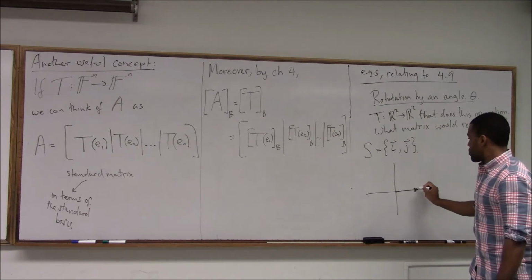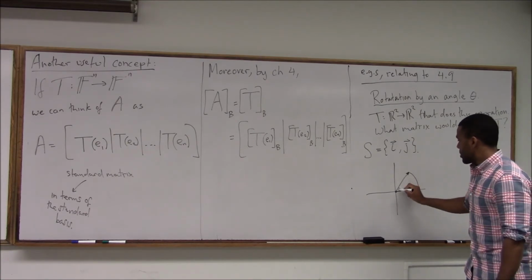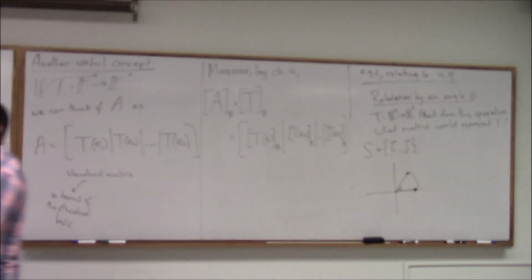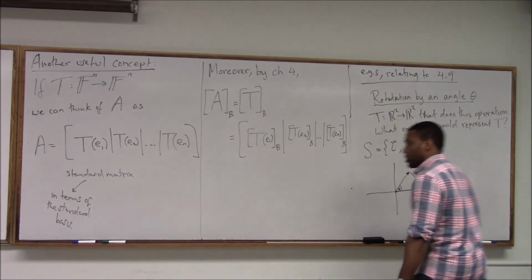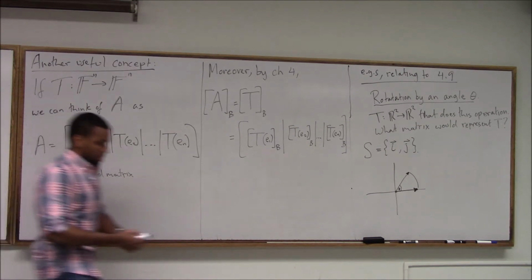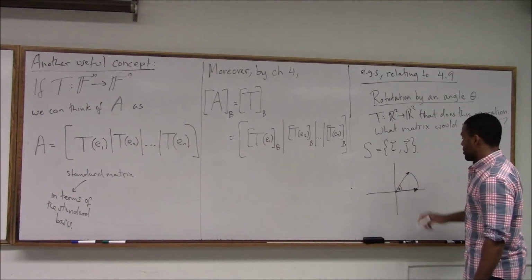and let's say I wanted to rotate that by an angle theta. Right? What would actually happen? What would be the new coordinates of this vector? Well, you can notice that here I can create a right triangle.